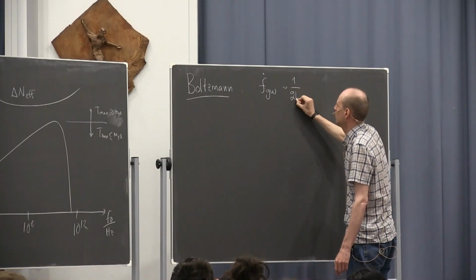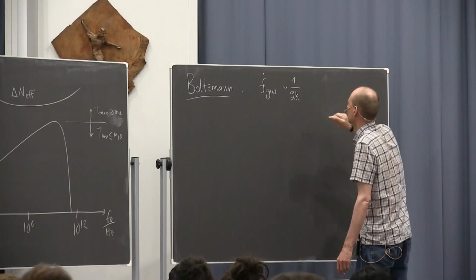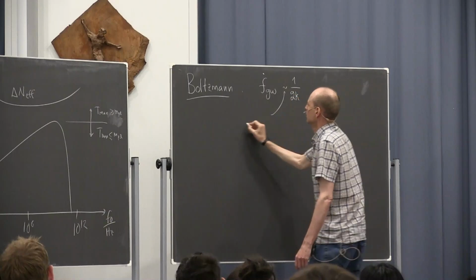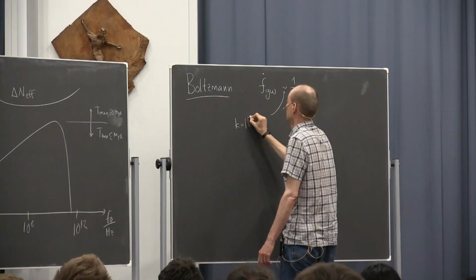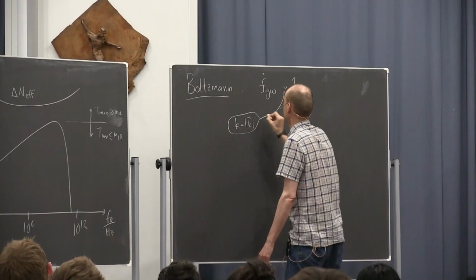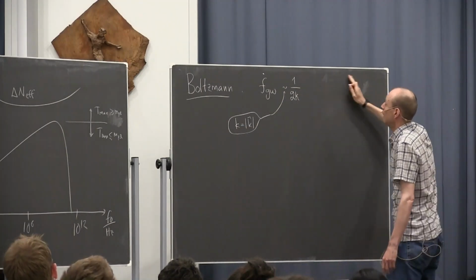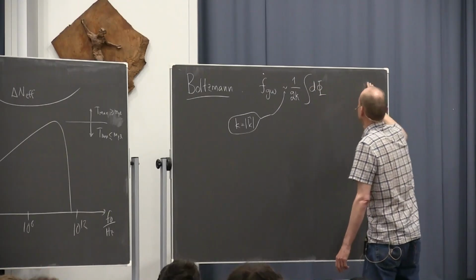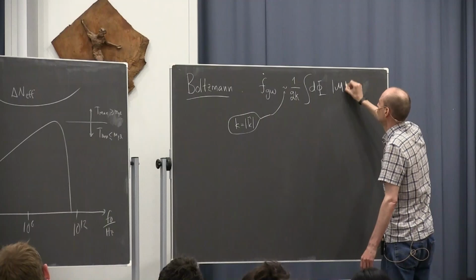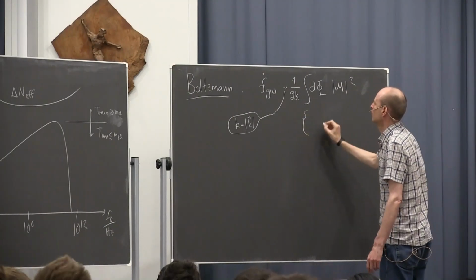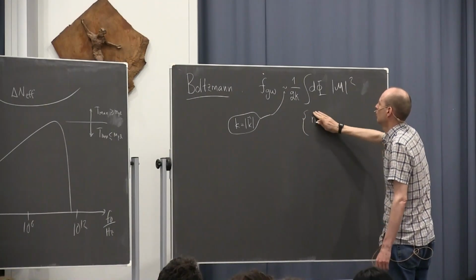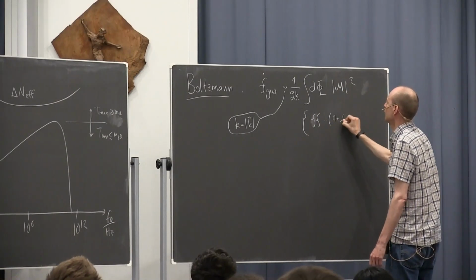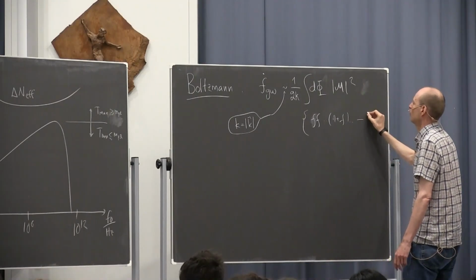I denote them as on shell, and K is again the absolute magnitude of the momentum of the gravitational waves. And then there is a phase space integral as we've had them, and then some matrix element squared, and then these phase space distributions of something in the initial state, something in the final state, minus the inverse process in principle.